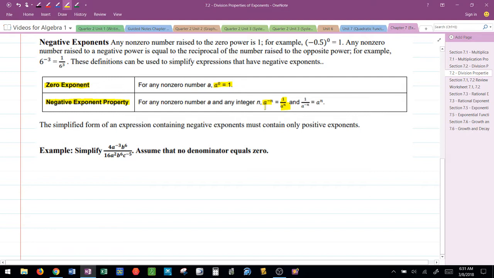For instance, a to the negative n is really a to the negative n over 1. I'm going to move that a to the negative n down to the denominator, and that simple move makes the power become positive. From the other perspective, if you have 1 over a to the negative n, to make it positive, just move it up to the top of the fraction. That's how I get a to the n.